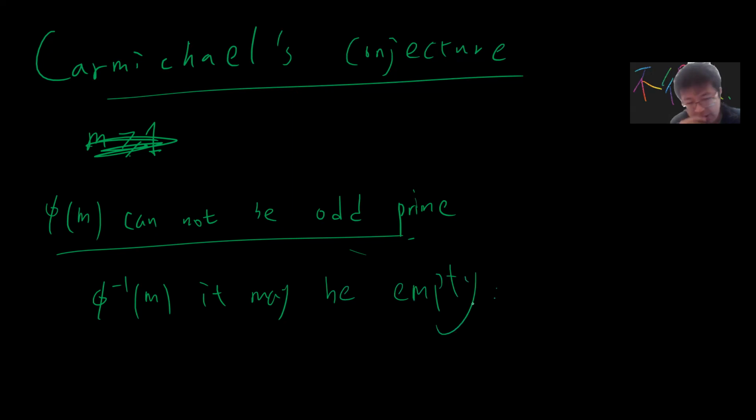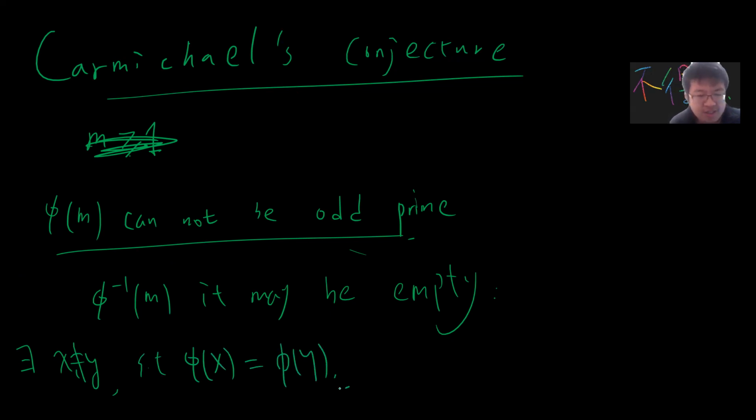But one theorem is interesting. This Carmichael conjecture says that if the preimage is non-empty, then you can find x and y different such that phi of x equals phi of y.